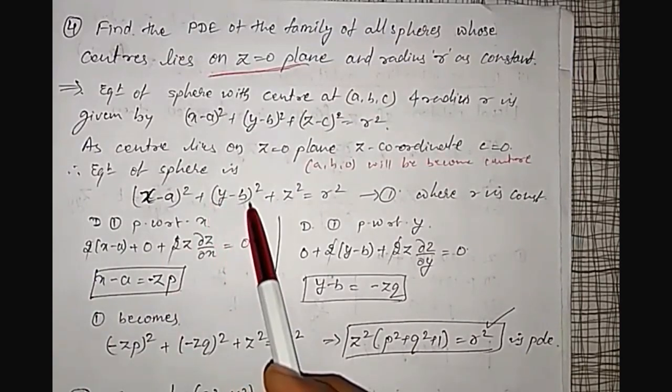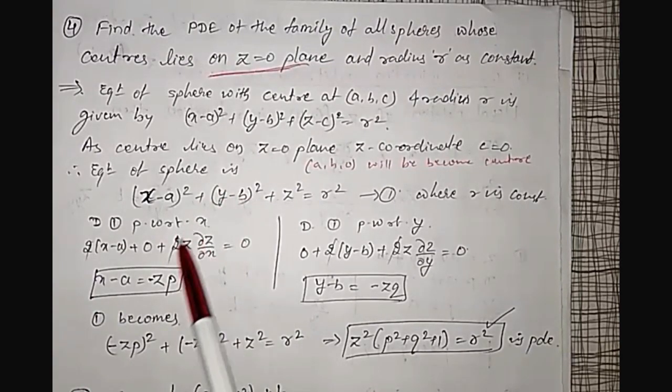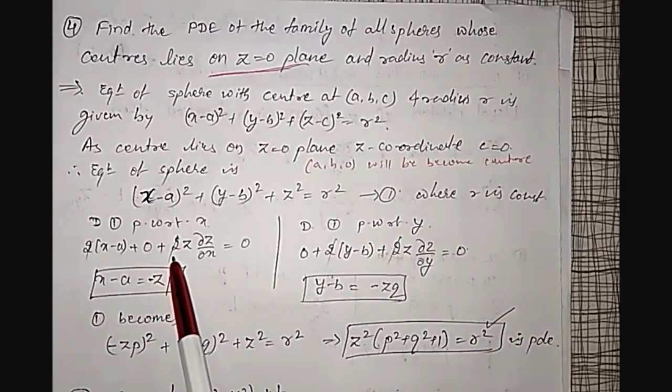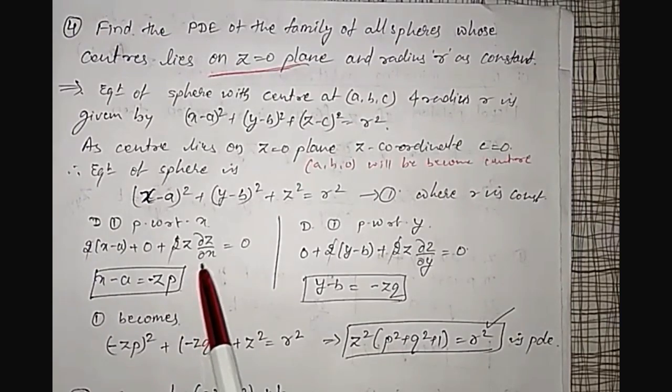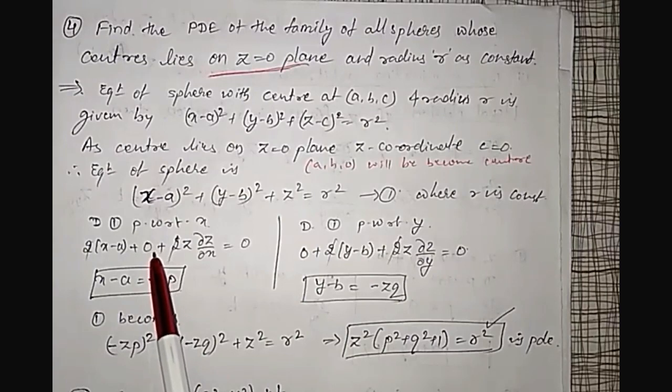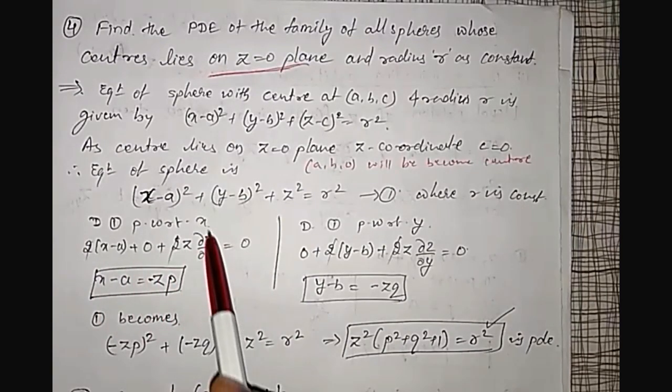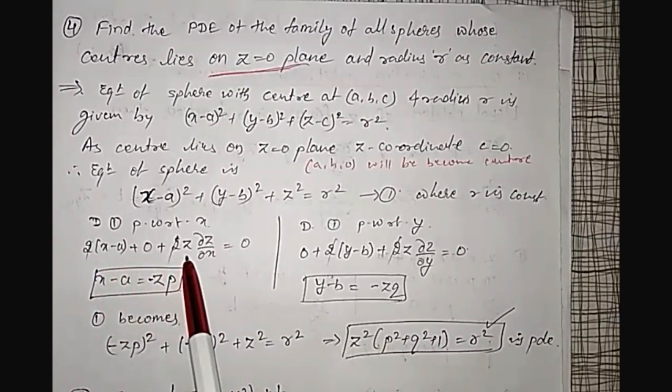Whereas differentiation of y minus b the whole square with respect to x will become 0, and differentiation of z square is 2z into dou z by dou x, that is equal to 0. Now simplifying, 2 cancels. If you shift to the other side, x minus a is equal to minus z into dou z by dou x, which is p.